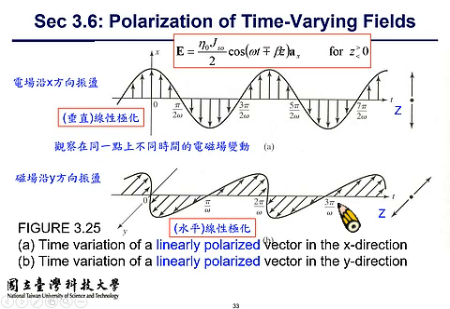Then the plot below it, that is plot B, shows the magnetic field intensity. And remember, how can we determine the expression for the magnetic field?